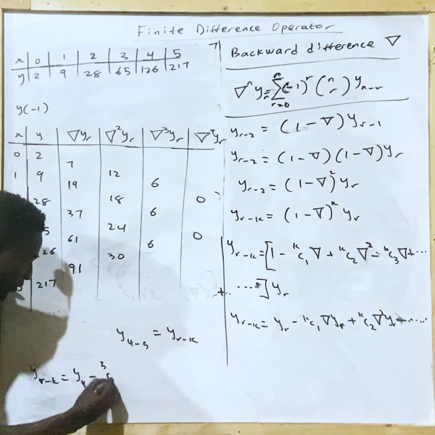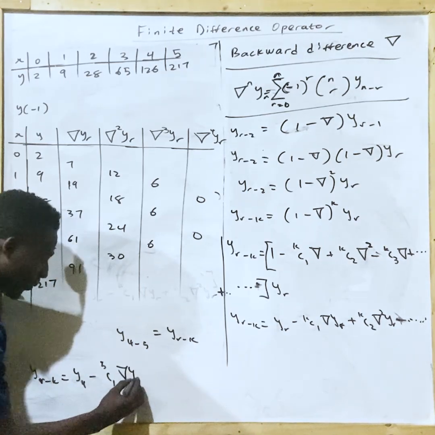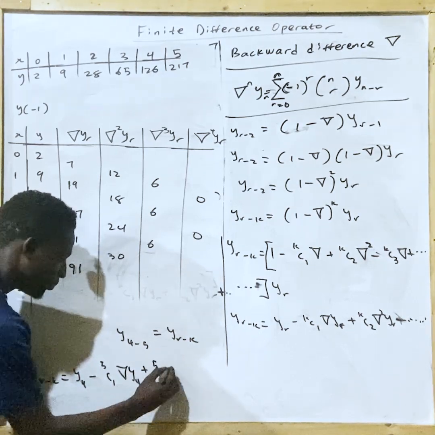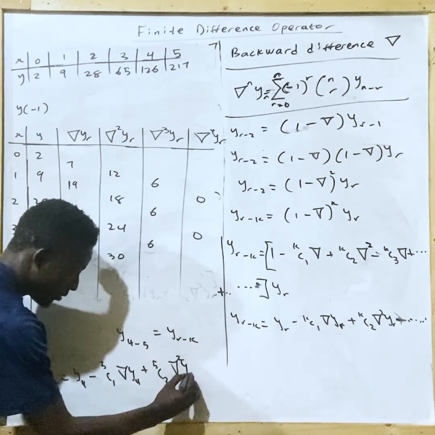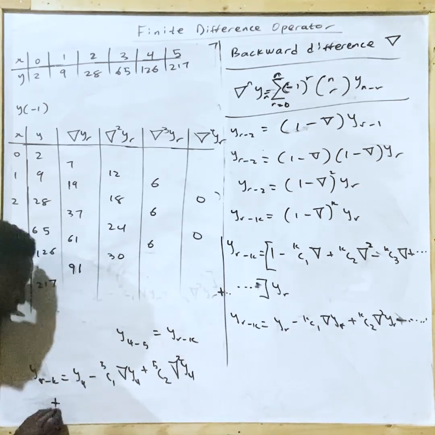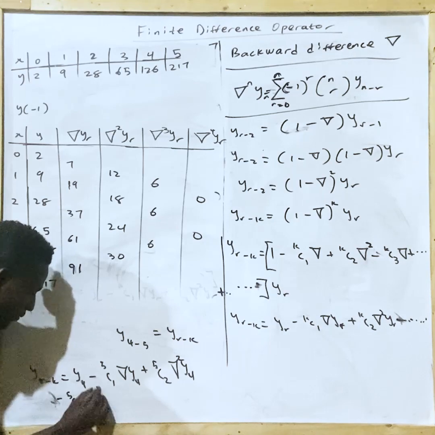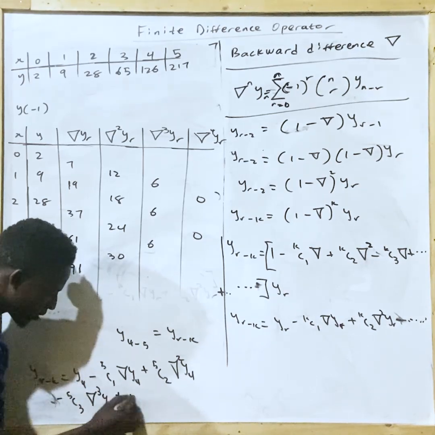So you have y4 minus 5 combination 1 times the backward difference of y4, plus 5 combination 2 times the backward difference square of y4, minus 5 combination 3 times the backward difference cube of y4, plus and so on and so forth.